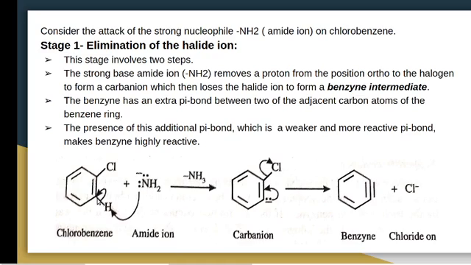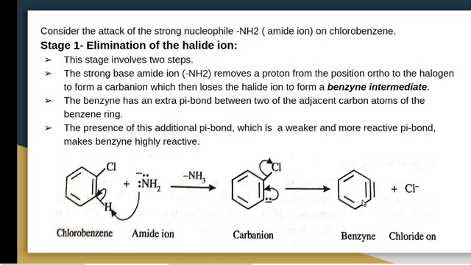So there will be an electron pair here, that means a carbanion. A carbanion is formed by the removal of a proton from this chlorobenzene. When the carbanion forms, this electron pair will shift to this carbon, and that is followed by the removal of the halide ion. That means elimination of the halide ion occurs here. So a benzyne type intermediate is formed.